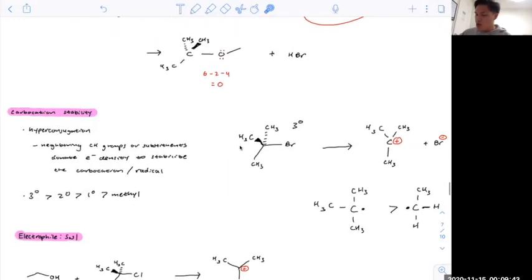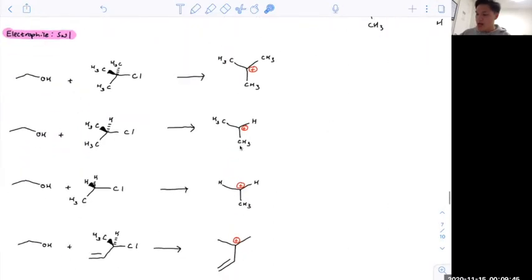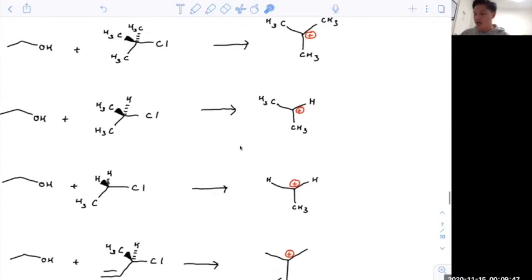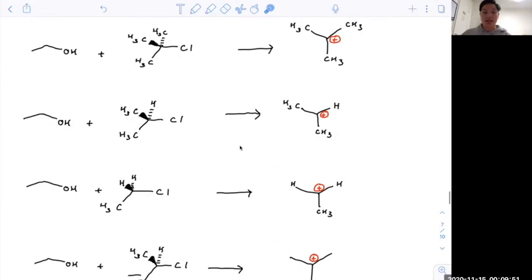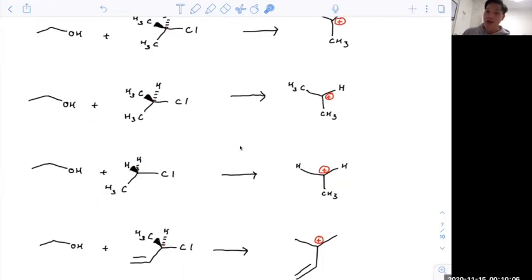So once we have that, let's take a look at how these electrophiles or how these carbocations are ranked, okay? So I told you tertiary is better than secondary. We have the same nucleophile here in ethanol, but we have a tertiary carbon, secondary carbon, primary carbon, and this primary carbon, okay?